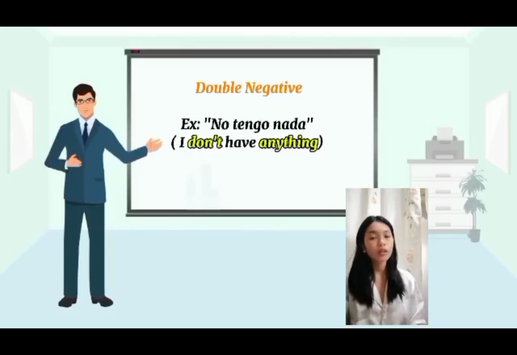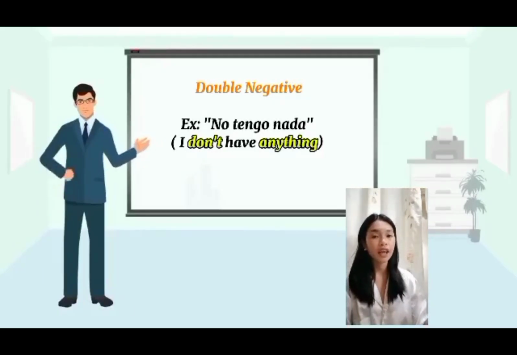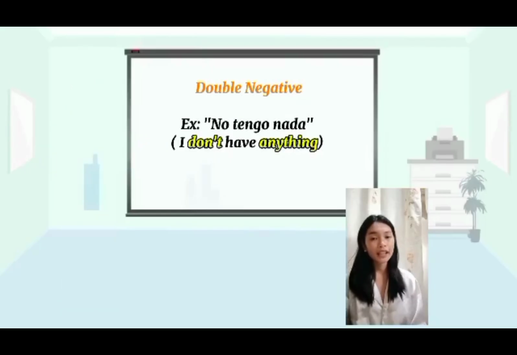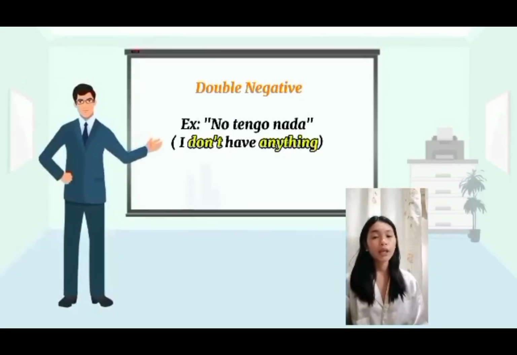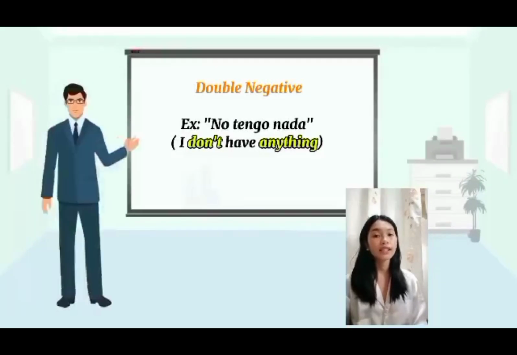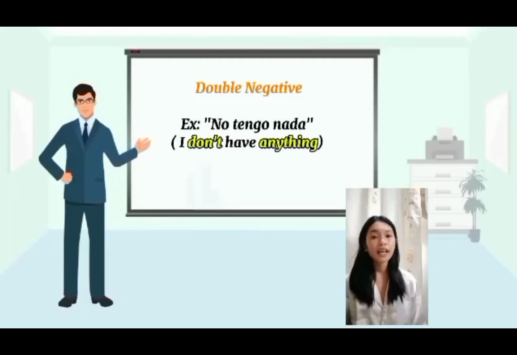For example, no tengo nada, or in English, I don't have anything. A double negative would be incorrect in English because English generally avoids it, as it is considered incorrect and confusing.